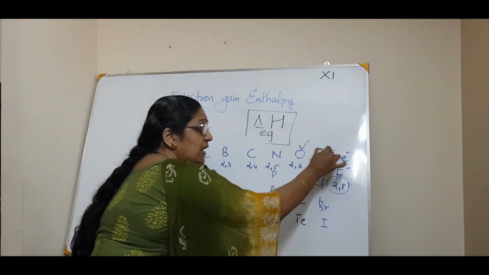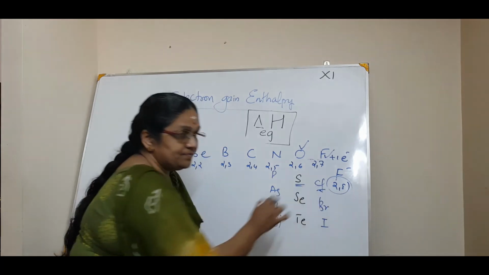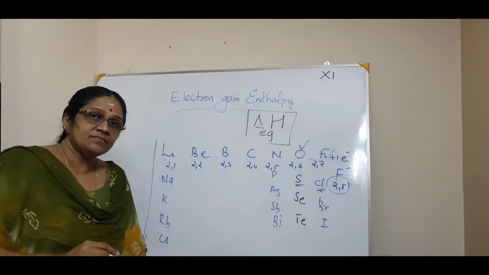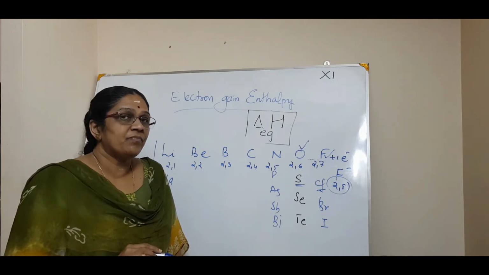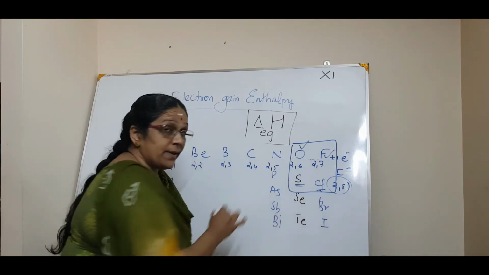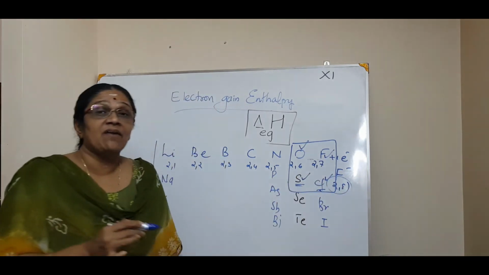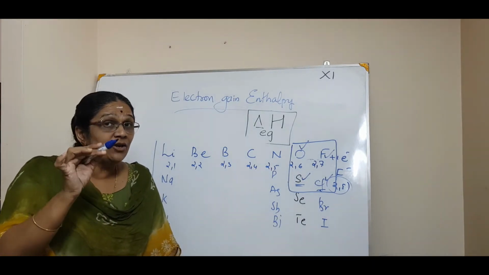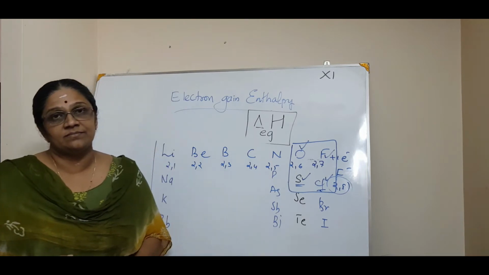Likewise, fluorine will have a more negative electron gain enthalpy than chlorine, isn't it? That is what theory says, but practically speaking, in these two cases, oxygen, sulfur and fluorine, chlorine, the second element, sulfur and chlorine, has a more negative value for electron gain enthalpy than oxygen and fluorine. What is the reason?